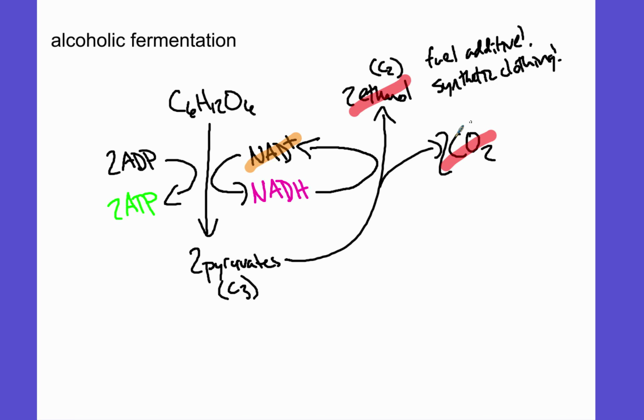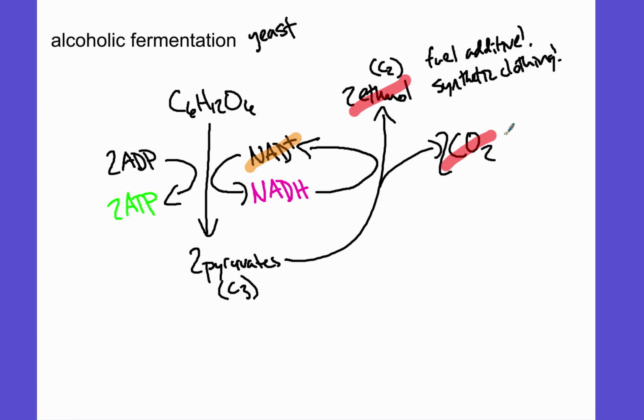Otherwise, carbon dioxide is a really important byproduct for this because you should know that, again, this is happening in like a yeast cell. Excuse me, forgot the S. And yeast can be used to make dough rise as a leavening agent.